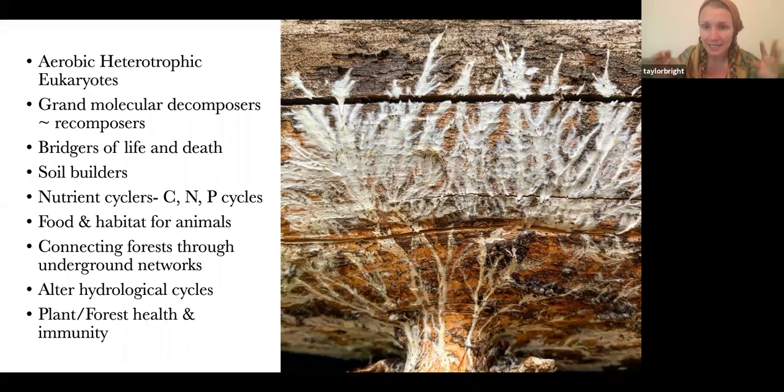They leach out these compounds that break down cellulose and lignin and wood, and they digest the world around them, and then they turn it into this soup, and then they absorb it back through their hyphae, and that's how they eat food. So we, as humans, have these internal stomachs where we eat food inside, and then we digest through all of our acids inside our stomach. But fungi have external stomachs, so they exude acids and digest the world around them and then absorb it back through their bodies. So that's pretty cool.